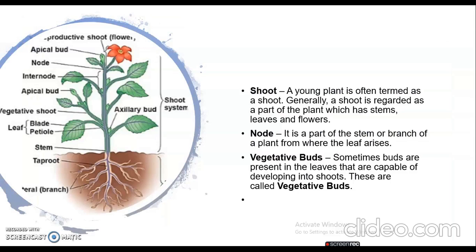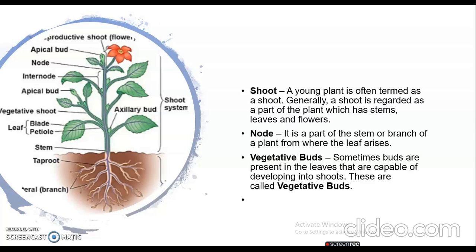Let me tell you about a few parts of the plant which are important. Shoot. So basically a young plant is often termed as a shoot. A shoot is a part of the plant regarded as having stems, leaves and flowers.